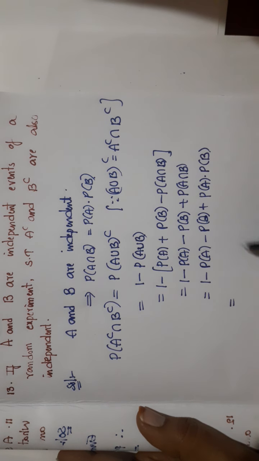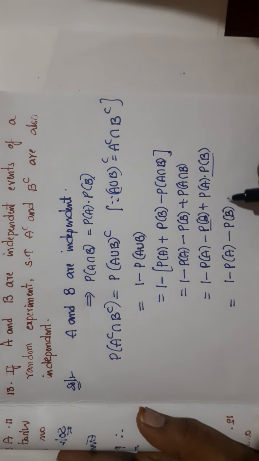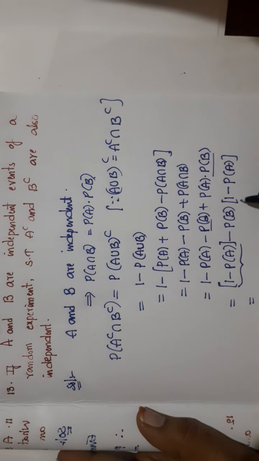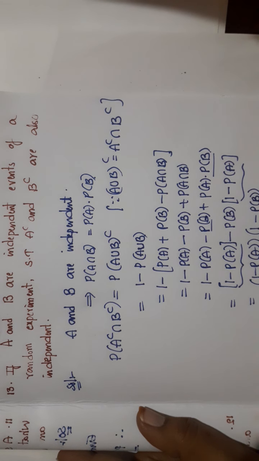Now let us combine. Taking common P of B from two terms, I write 1 minus P of A as it is, and taking common minus P of B. Here I will get 1, and taking minus common, I get minus P of A. If I take common 1 minus P of A, here you will have 1 minus P of B. This is nothing but P of A complement into P of B complement.